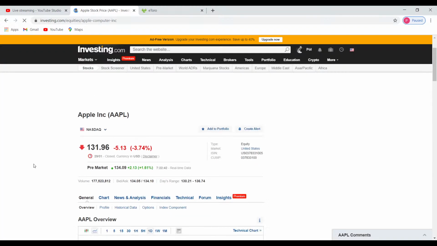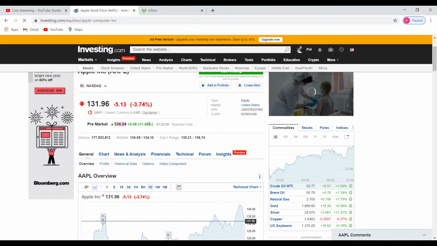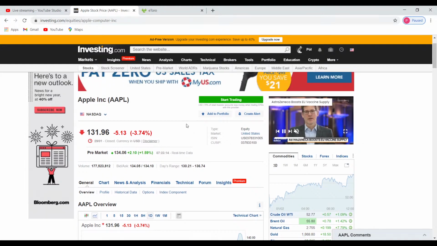Apple is also up 1.61%. It was up nearly 3% earlier when I looked at it. But Apple and most of the tech stocks had very, very good earnings last week, and they will probably see that come into effect now. Apple released its best earnings ever. The same goes for Microsoft, and so on.